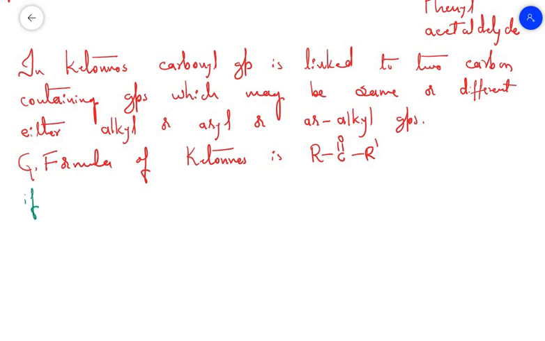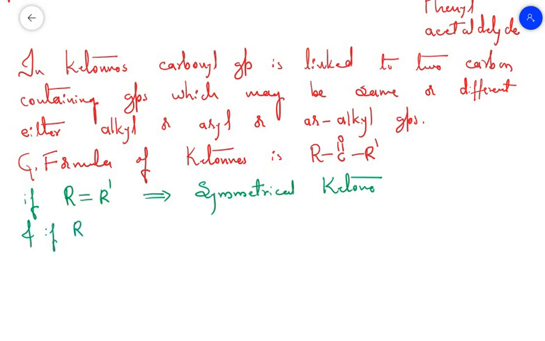If R is equal to R dash, it is a symmetrical ketone. And if R is not equal to R dash, then it is an unsymmetrical ketone.